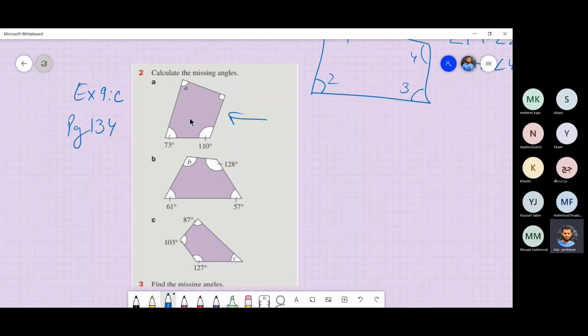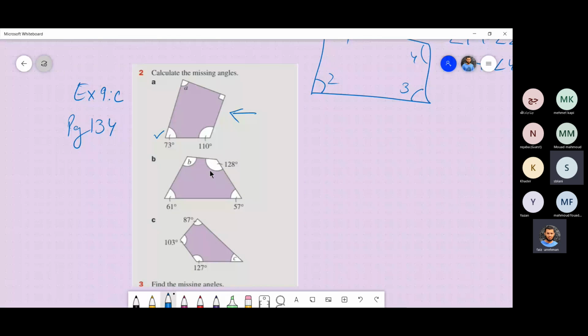Okay, so this is a quadrilateral. How many angles are there in a quadrilateral? 4. How many are given? This is given 73. This is given 110. What about this one? Look closely.